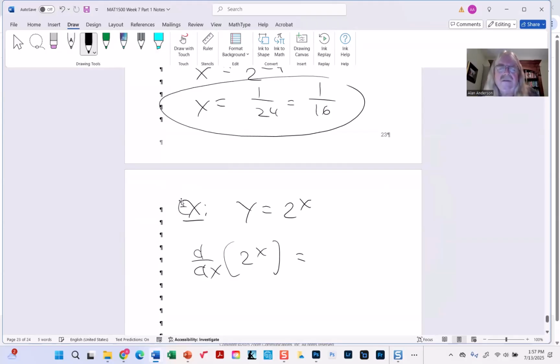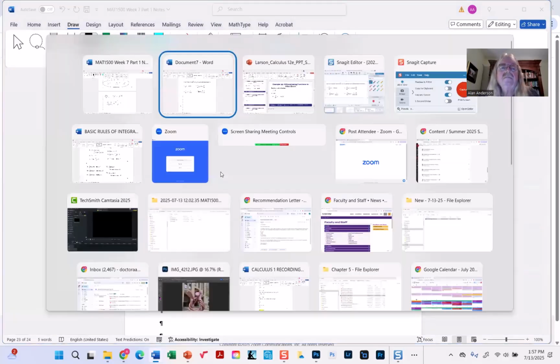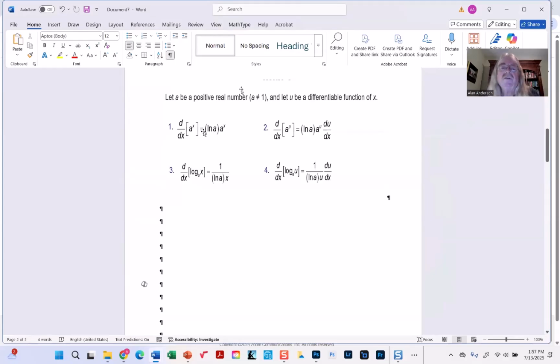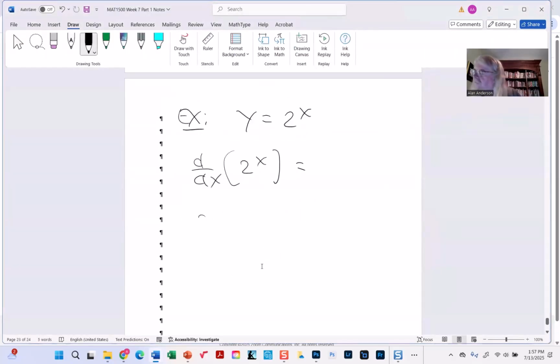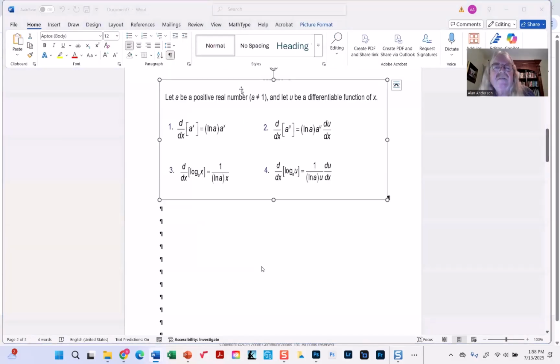Okay, so which rule are we looking at? Let's go back here. Looks like it's the first one. Derivative of a to the x is a to the x log a.